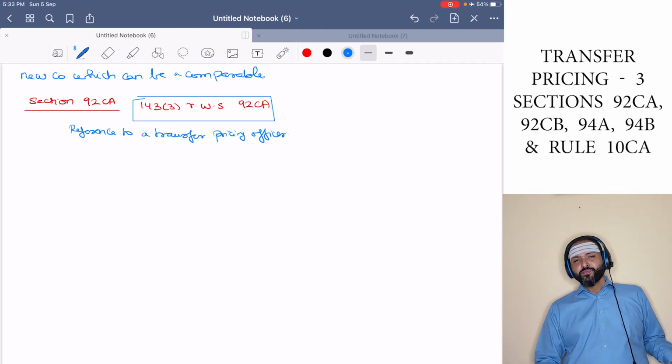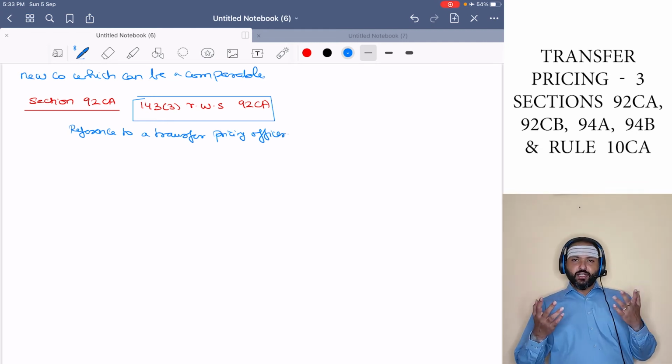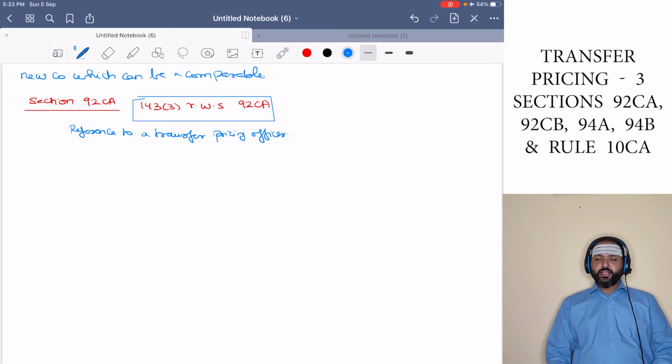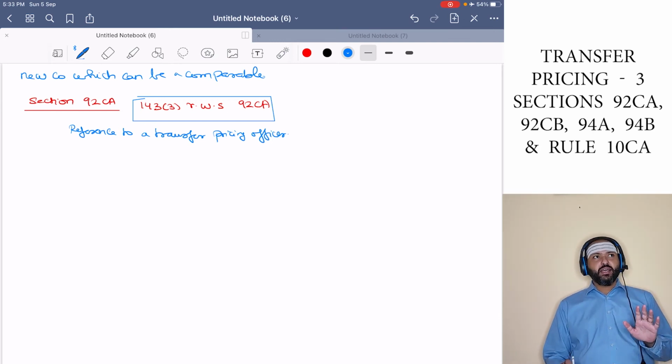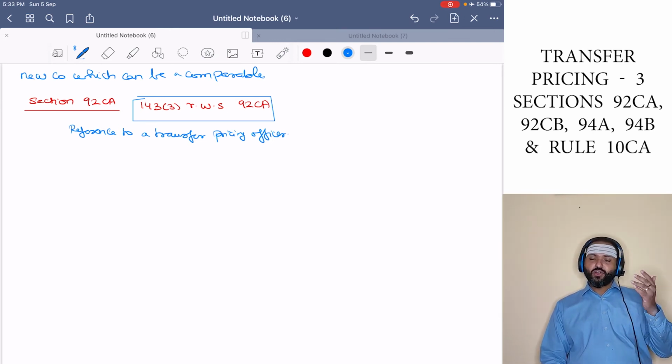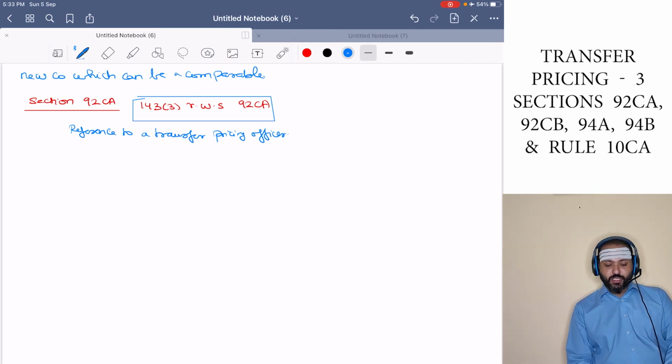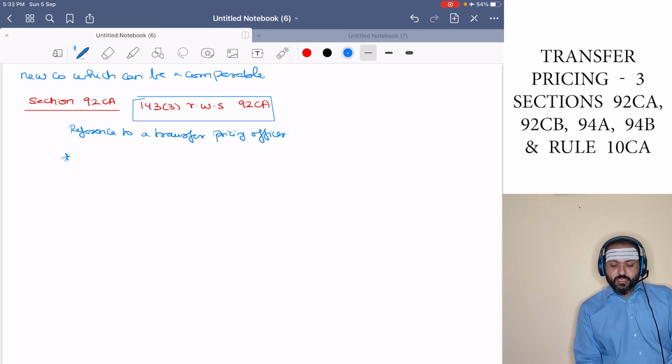So what has happened? AIPL, Acer India Private Limited, has filed its return. After filing its return, the assessing officer has found out that there are the following international transactions. Transaction number 1, sale to ASPL.